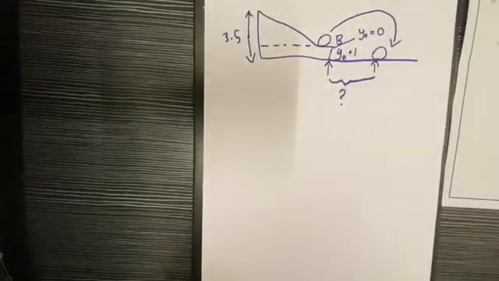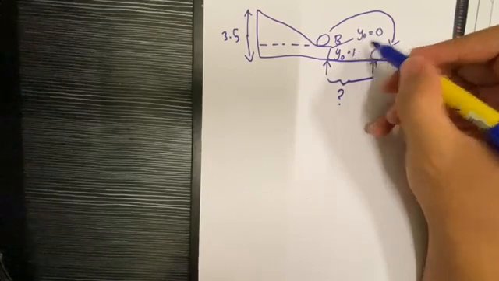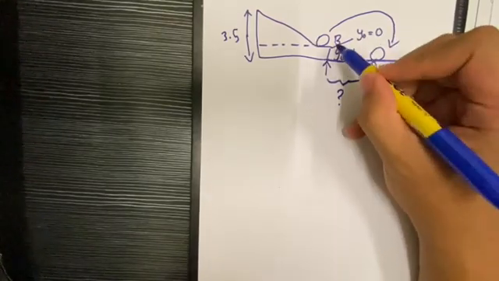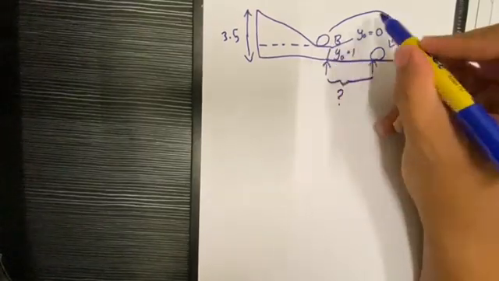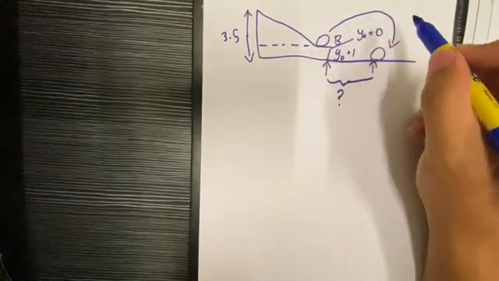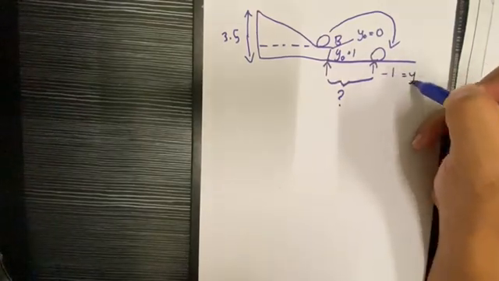When we look at this figure, this is 1, so the ball's initial place will be at -1 in the y component.